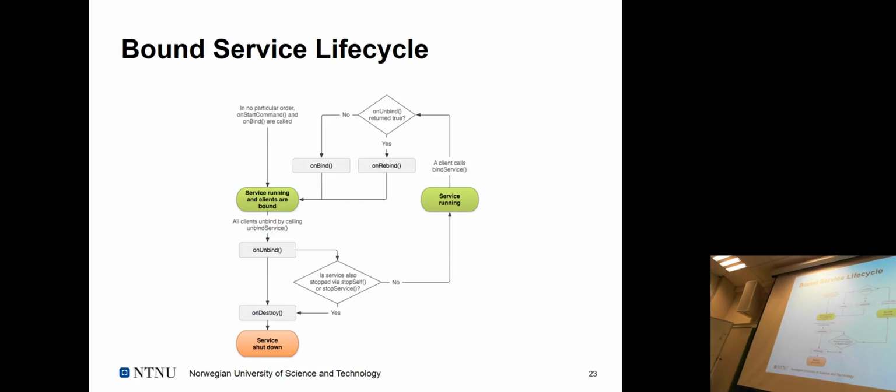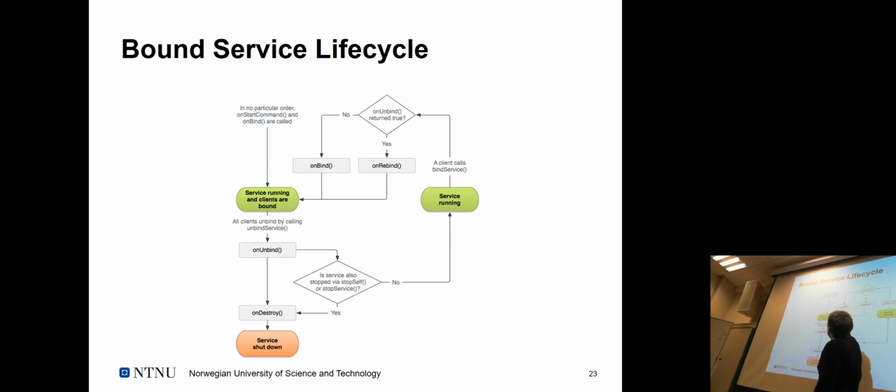So, the slightly more complex bound service lifecycle. I showed you a simple one before, but the intuition is in fact the same. The idea is that if you're binding to a service and the service is not running yet, then it's going to be launched.